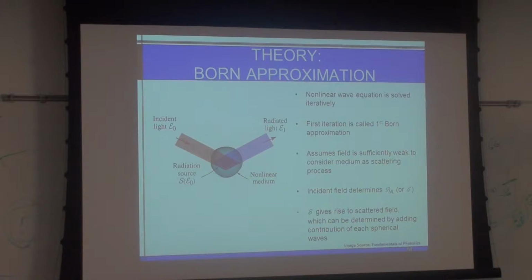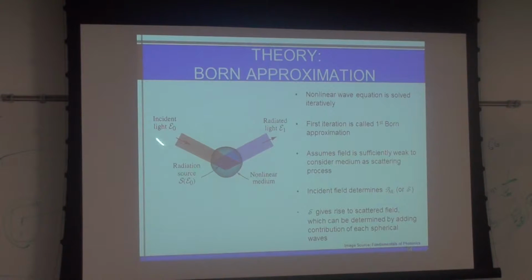I know you all talked about the Born approximation in probably a lot of detail in Professor Popescu's class. So I'll just say a couple of words about this. It's useful, not just for phase imaging, but for any type of light scattering processes. And the process that we will talk about today, this nonlinear optical scattering, it's scattering. Right? So to solve this, we take what's called the first Born approximation.